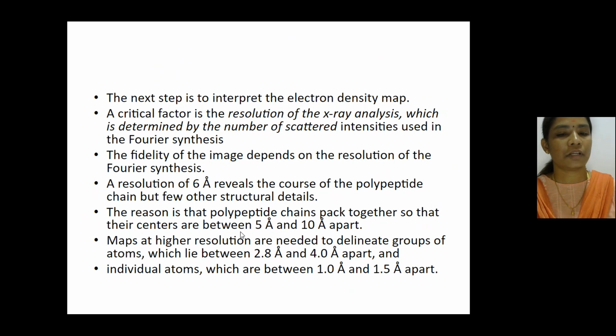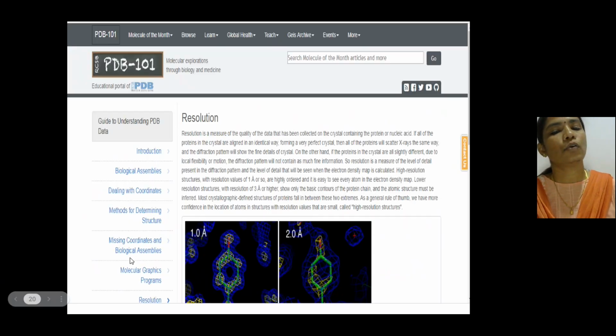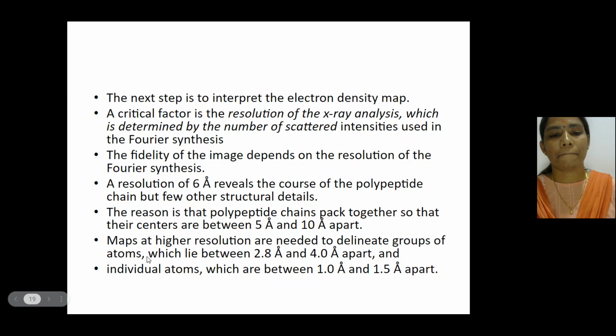That distance can be measured. In maps at 2.8 and 4 Angstrom, we can delineate the groups of atoms. When you have a structure with a resolution of 1.0 to 1.5 Angstrom, you can also map the individual atoms in the electron density map, which will give you accurate data.